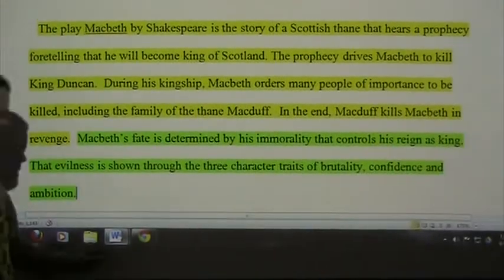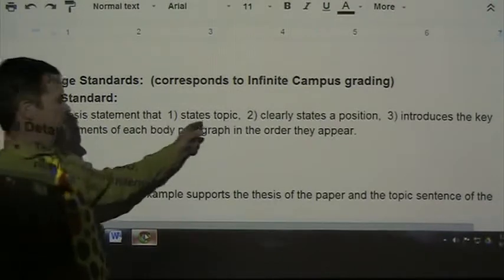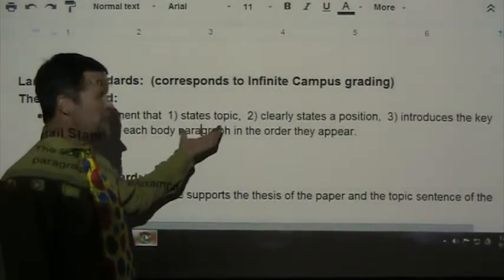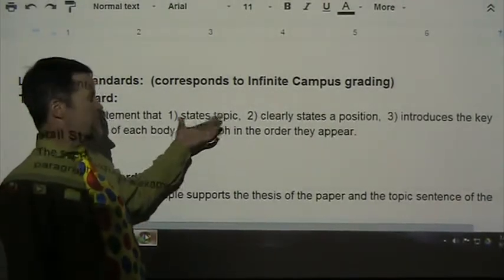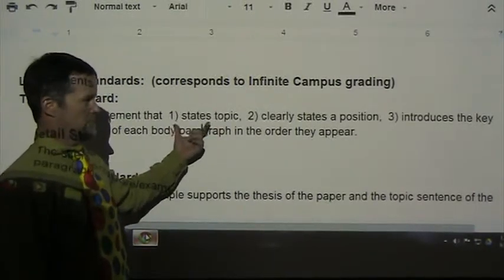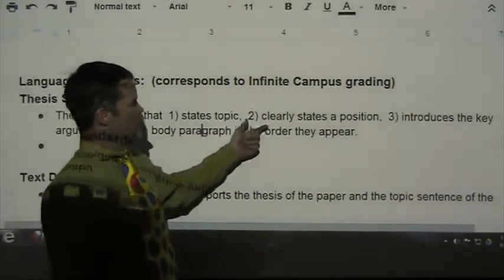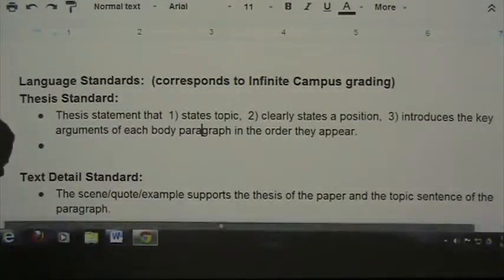Let's go back to the rubric one last time. States a topic. Macbeth's evilness, his fate, was caused by ambition. Well, I think that's the second part. Yeah. So let's look at it again.